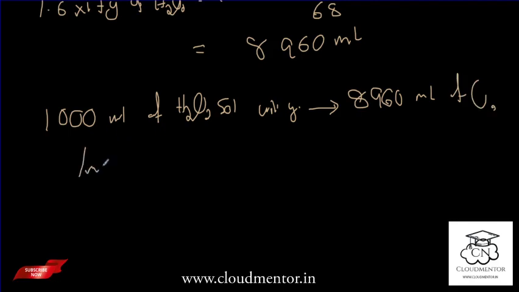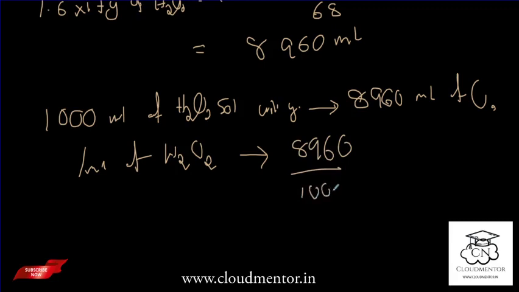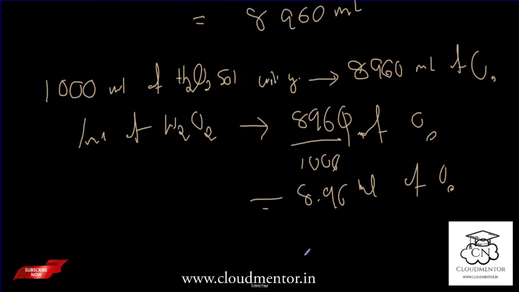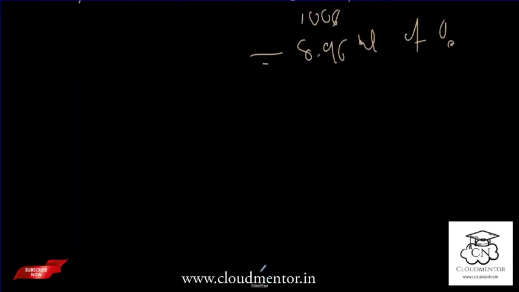So 1 milliliter of H2O2 gives 8,960 divided by 1000, that is 8.96 milliliter of O2. That is the volume strength. The volume strength of 1.6 normal H2O2 is 8.96 volume. So that was the answer to the question.